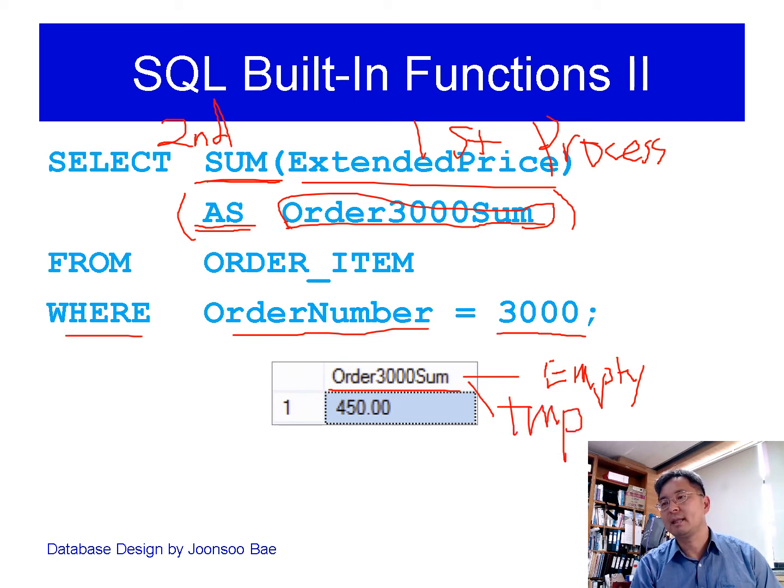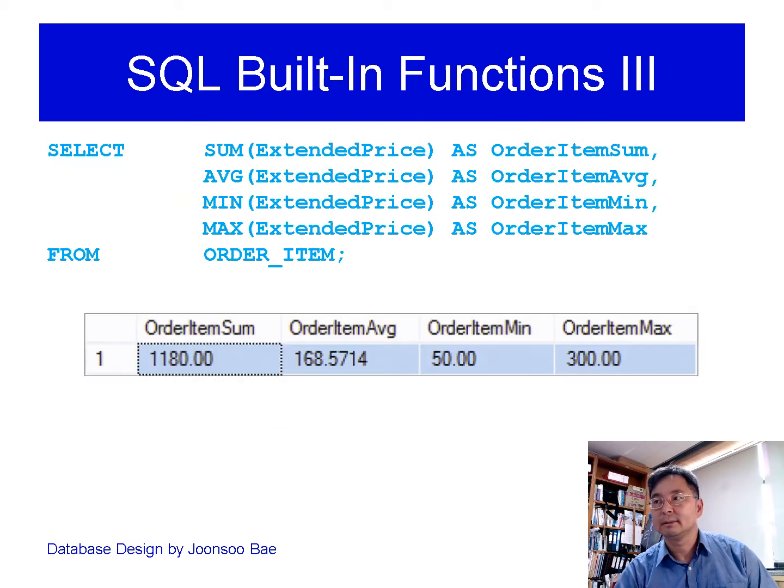It means that temporary column names may be generated for the built-in functions, but if you specify it, you can use the AS keyword. This is also one keyword to make column names in the result. Okay, this one is the first example of a built-in function.